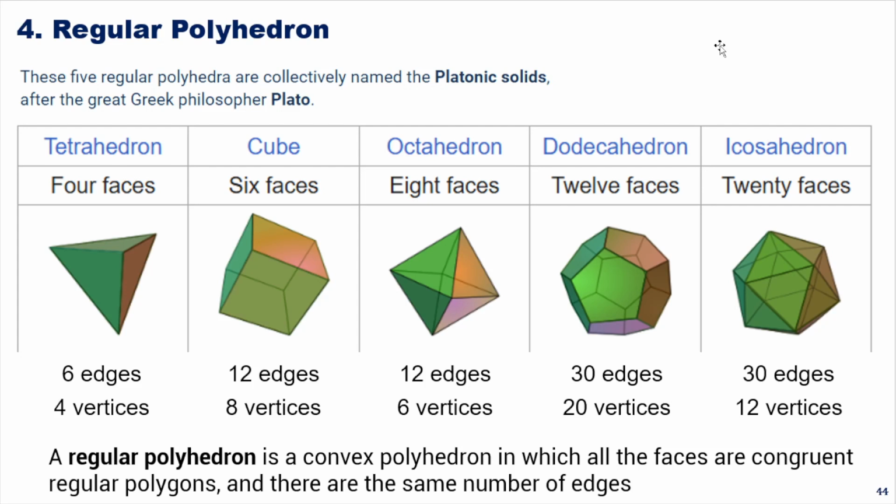Also, we could have the octahedron, which has 8 faces, 12 edges, and 6 vertices. The dodecahedron has 12 faces, 30 edges, and 20 vertices. Or the icosahedron, which has 20 faces, 30 edges, and 12 vertices.